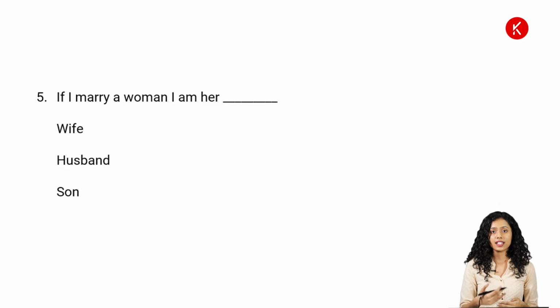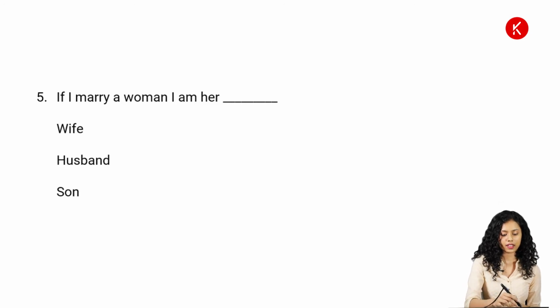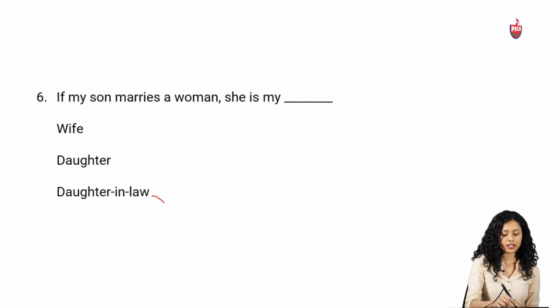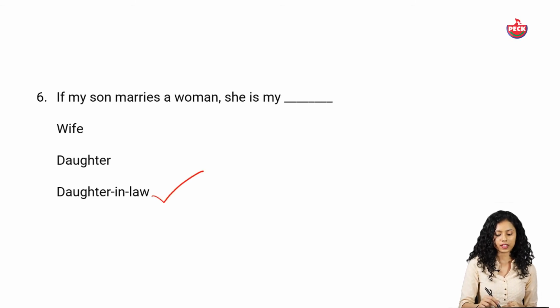So the answer is husband. If my son marries a woman, she is my blank. So who is my son's wife? She would be my daughter-in-law because she comes into the family by marrying my son. So the answer is daughter-in-law.